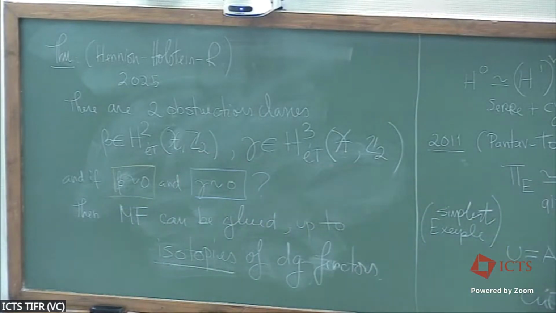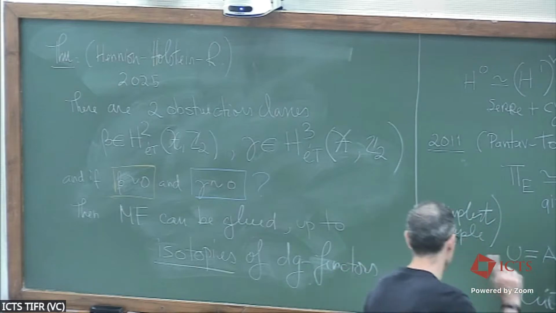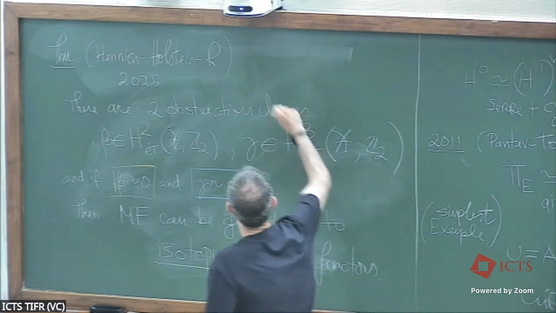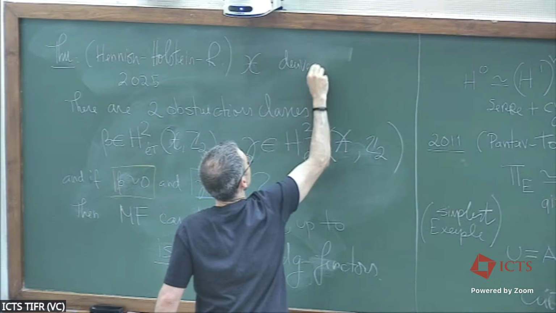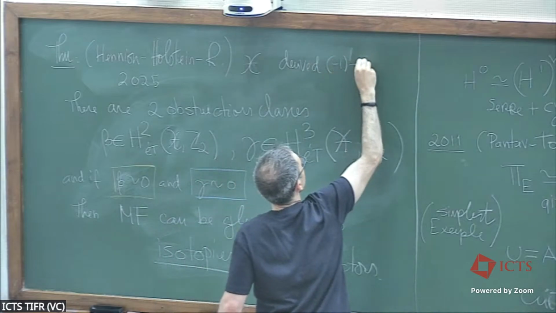So let me now start explaining. So all this, sorry, it's very important. In this theorem, X was derived minus one symplectic.